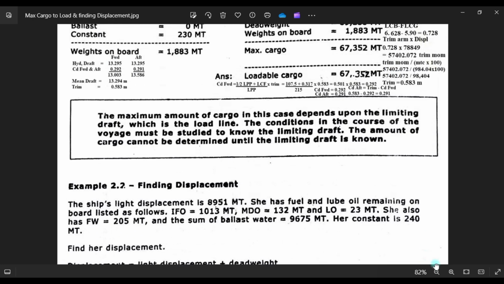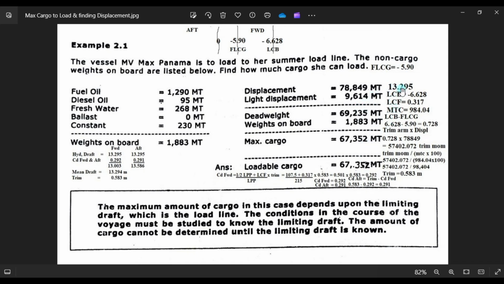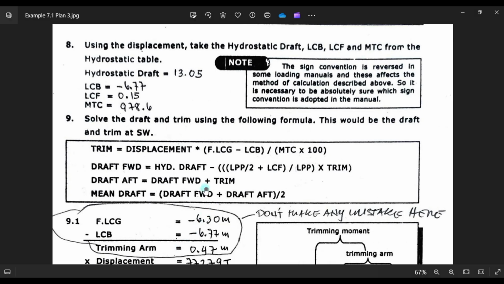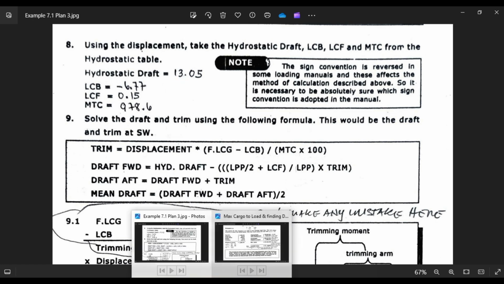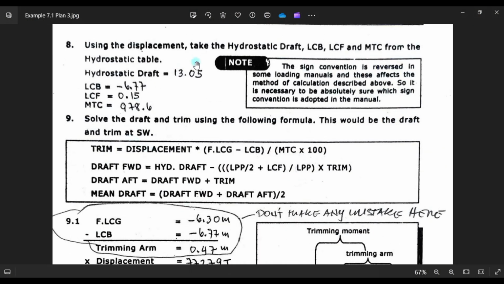Okay. So let's go back to this figure here. Your summer draft will be 13.295, which is this displacement. So you check on this figure. Since you know your summer draft, 13.295, you have to get the values of LCB, LCF, and MTC, which is this one.